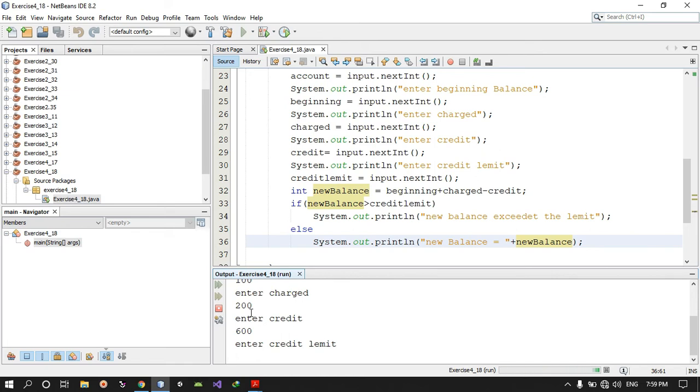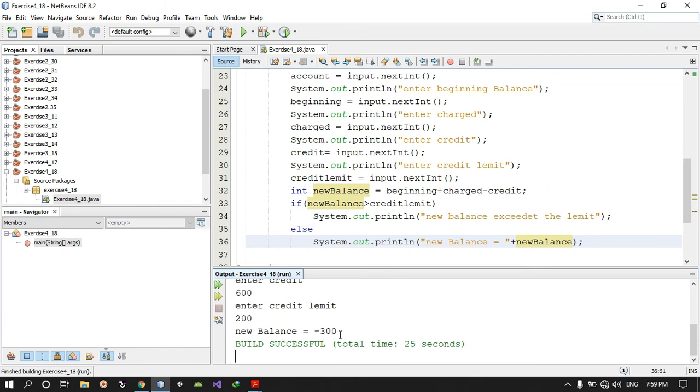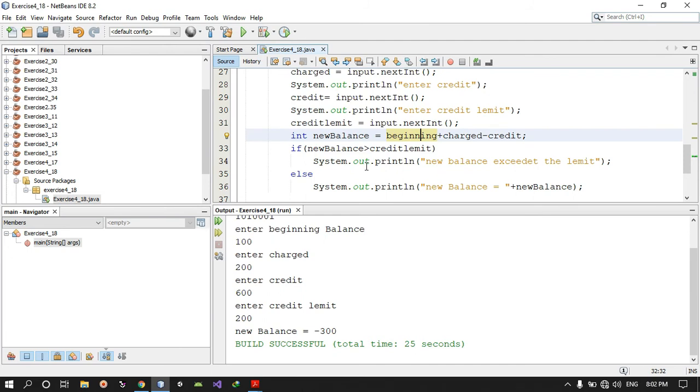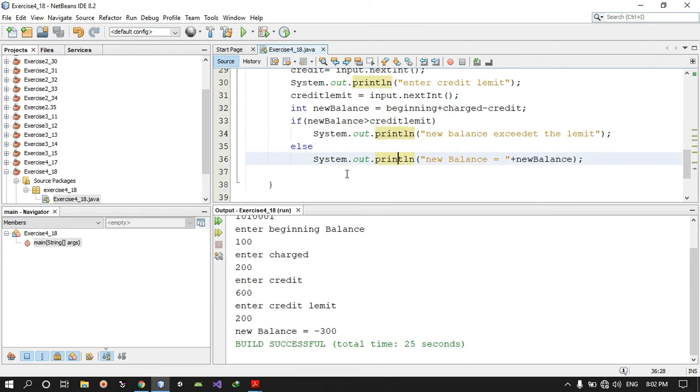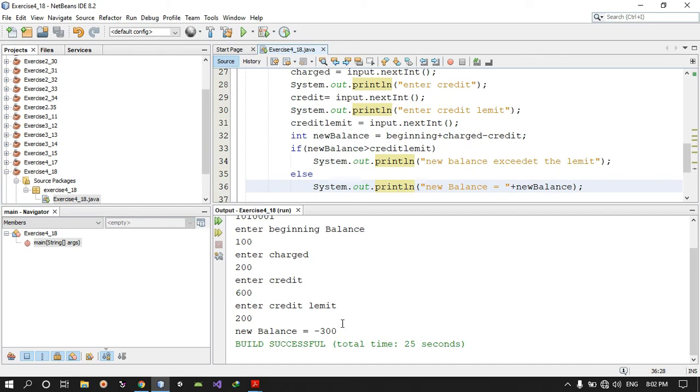And the credit limit is 200. New balance minus 300. This output is wrong. Let's check what is the problem. I think that there is not a problem. We entered the wrong input.